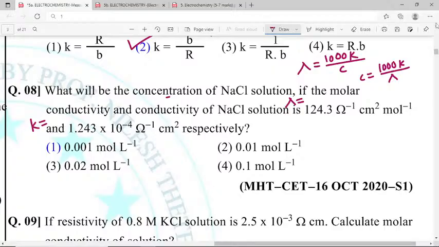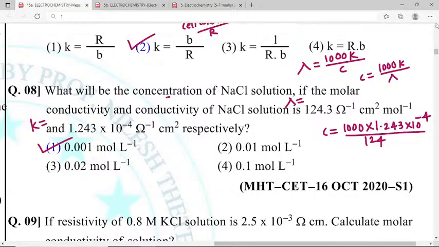So put the values here. C is equal to 1000 multiplied by K. How much is the K value? 1.243 multiplied by 10 to the power minus 4. This whole divided by lambda. What is the lambda? Molar conductivity 124.